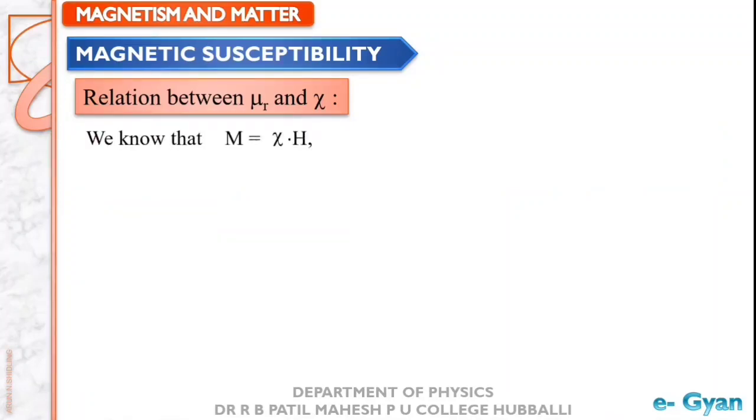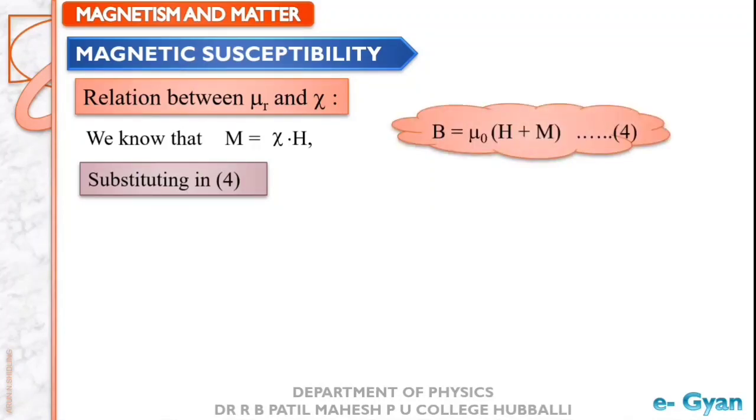We know that M is equal to chi H. Substituting this in equation 4, we get B is equal to mu naught into H plus chi H. Taking H common, we get mu naught times 1 plus chi, into H.